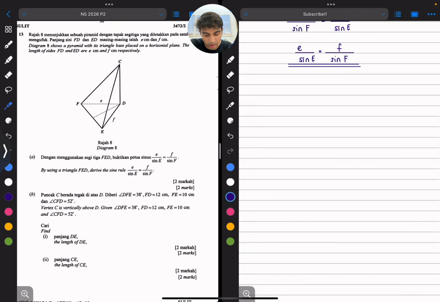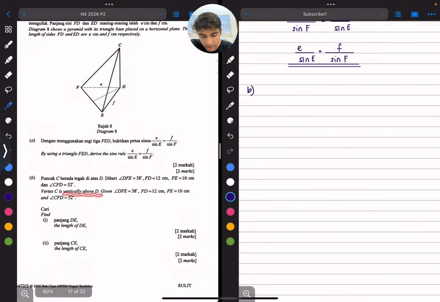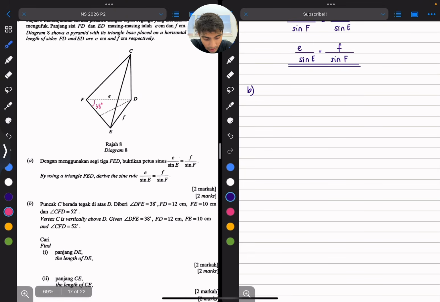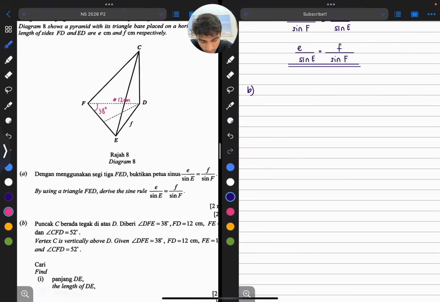Alright, next one, B. Vertex C is vertically above D. So here this one is vertically above D. Given that angle DFE is 38, okay. And then FD is 12, F to D is 12.